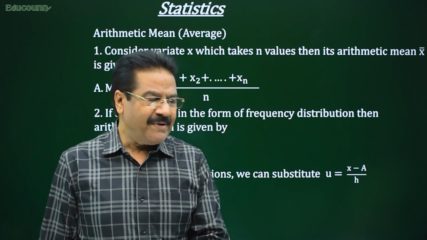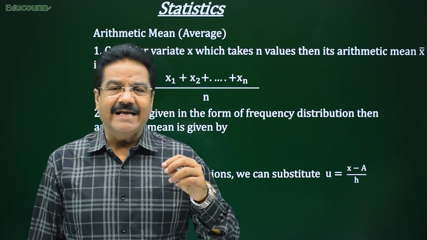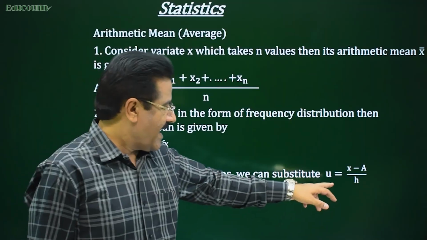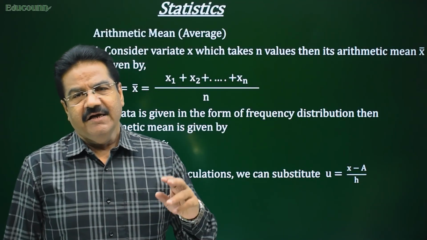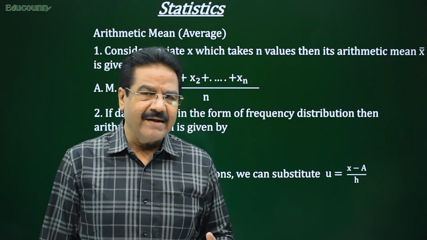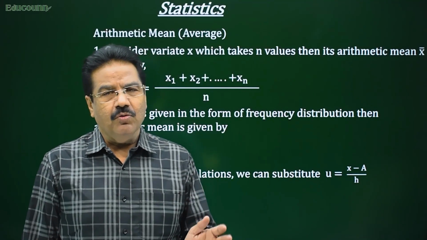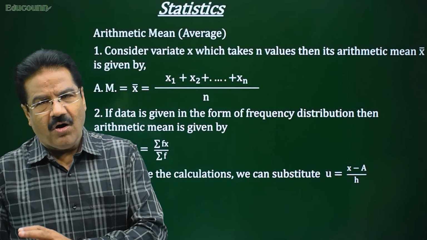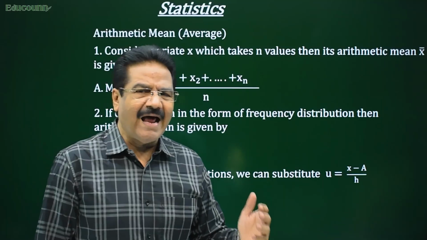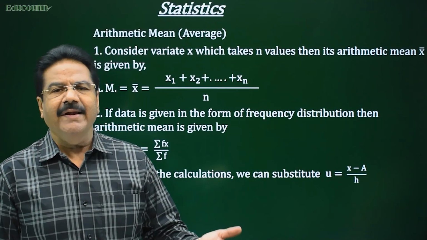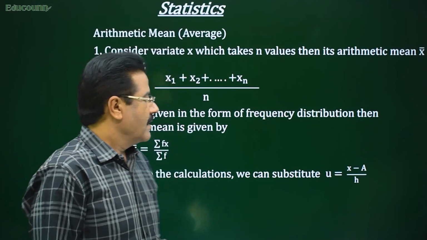The meaning of capital A is that it is assumed mean, and h is nothing but differencing interval, or we can say that difference between two consecutive values of x, or we can say width of class interval if the data is given in terms of class interval.